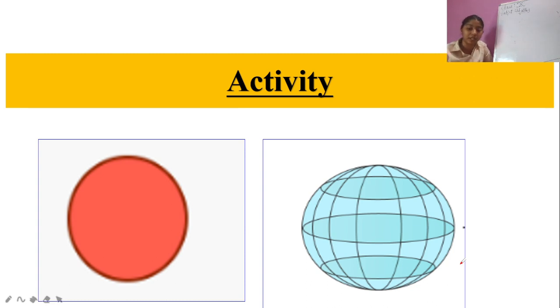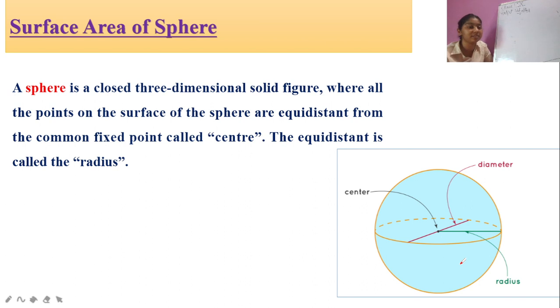What kind of area is it? That is the surface area of a sphere. So our topic of discussion is the surface area of a sphere, in which we are going to discuss its concept and its application.